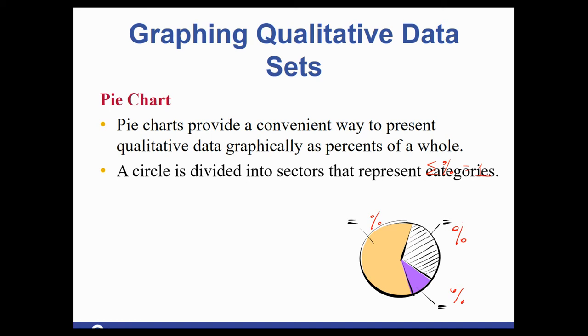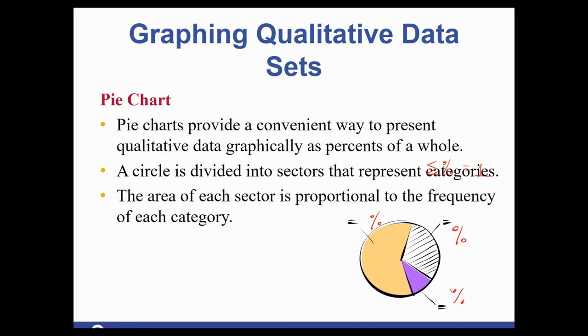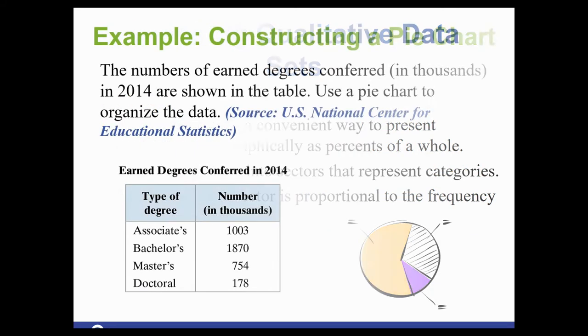Those could also be number categories, like an age category of 20 to 29, an age category of 30 to 39, and so forth. The area of each one of those sectors is also proportional to the frequency of each category. What that's leading us to is the fact that each one of those can be found by a relative frequency, so the frequency divided by your sample size.